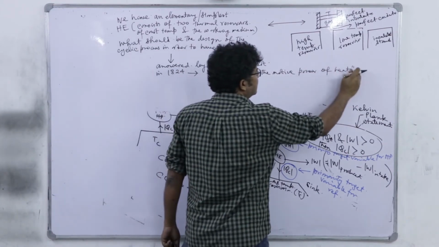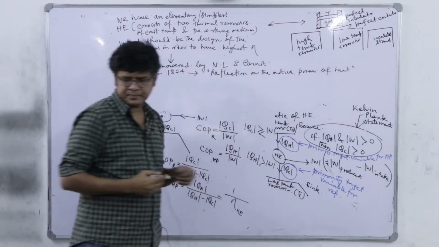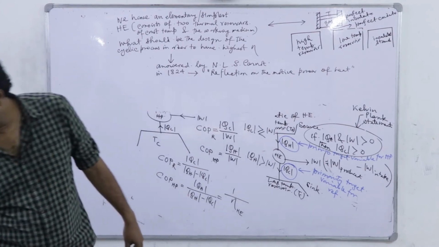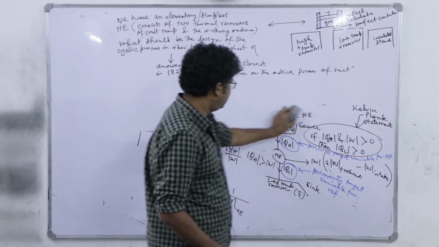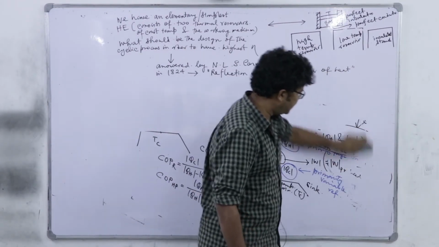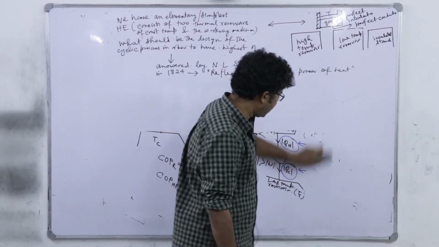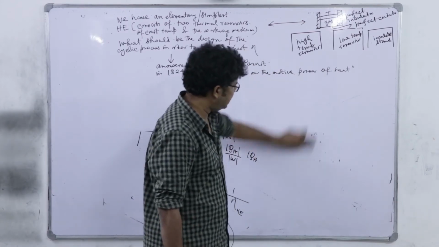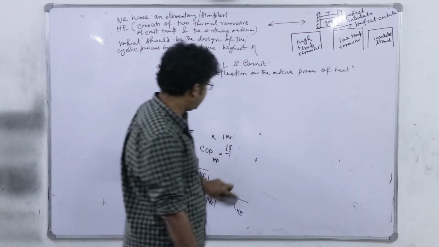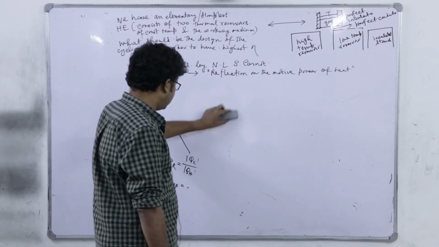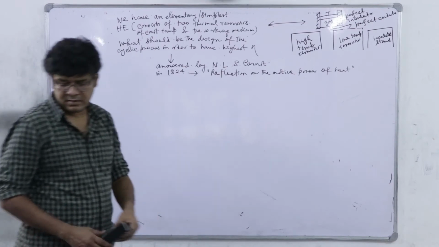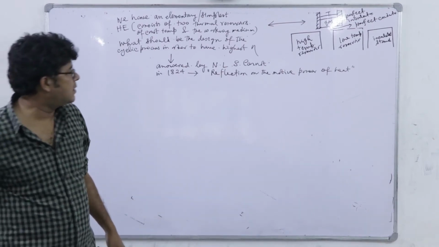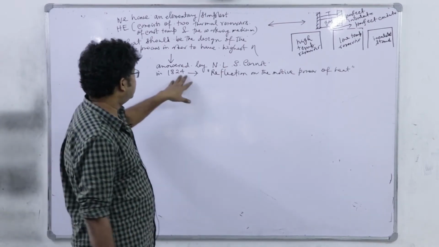So, in this monograph, he answered the question of what the sequence of these processes should be in order to extract maximum efficiency from an elementary heat engine, which consists of two constant temperature reservoirs and the working medium.